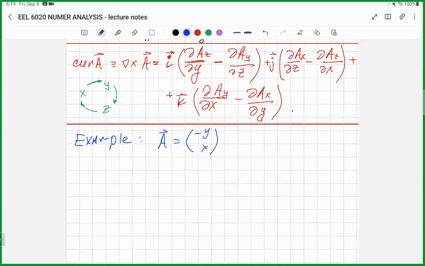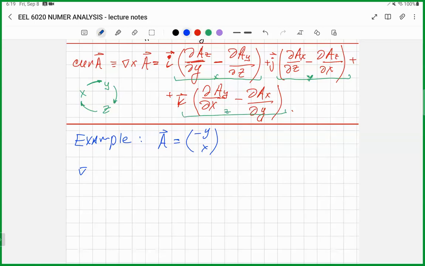So let's go ahead and write the expression for the x component. The x component of the curl is this one, right? This is x, this is y, and this is z.